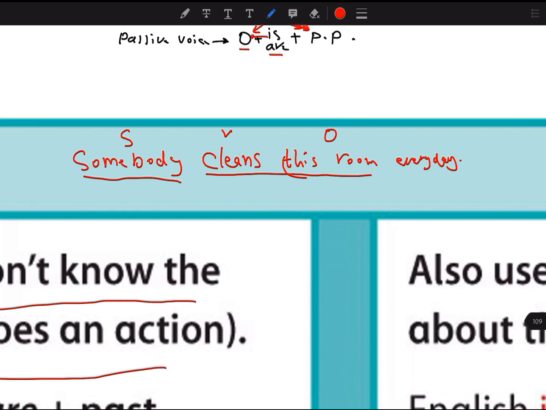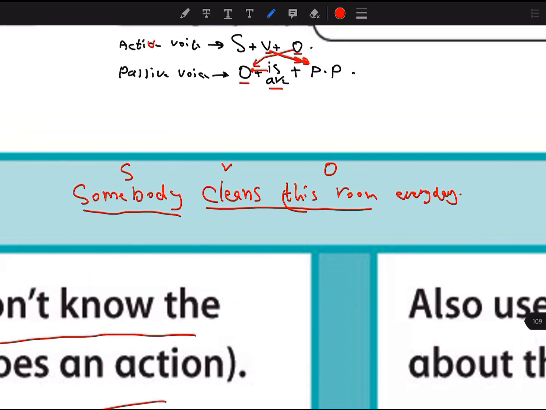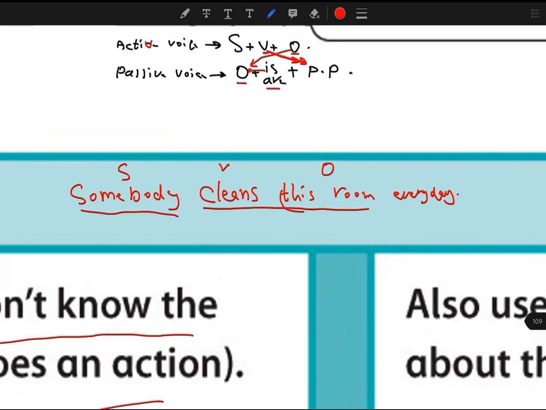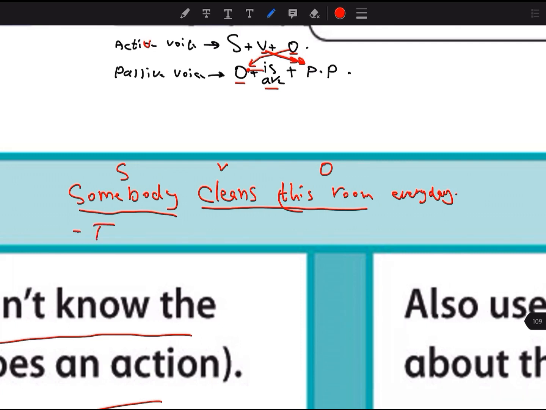As we said, we bring the object of the sentence at the beginning, like that: this room, then is or are. If the object is plural, we use are. If it's singular, we use is. Look, this room is singular, so we use is.